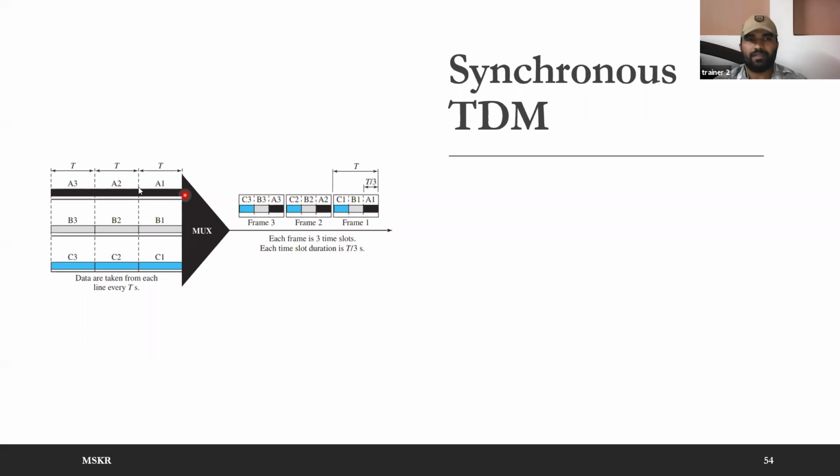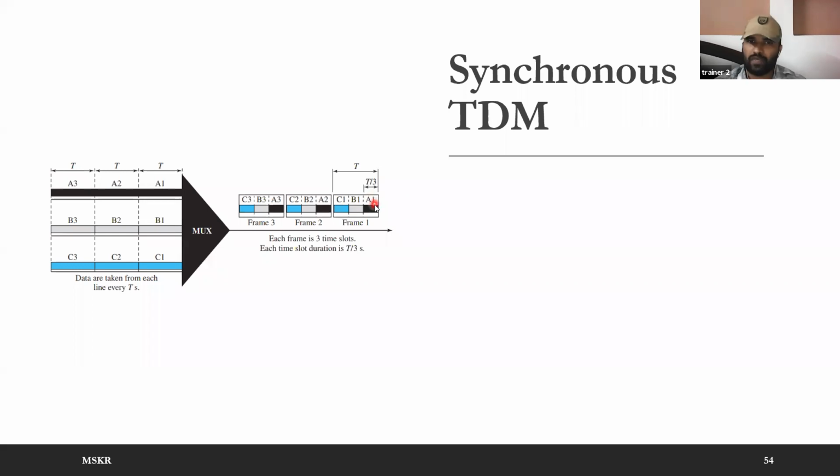This order is followed in each and every frame, so that on the receiving side, the receiver will just separate them with respect to their order and deliver them accordingly.